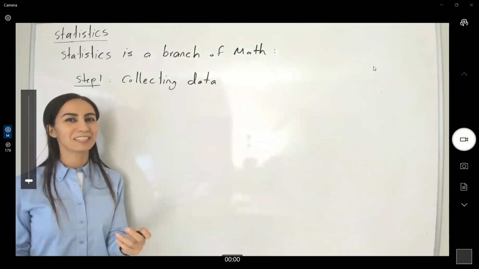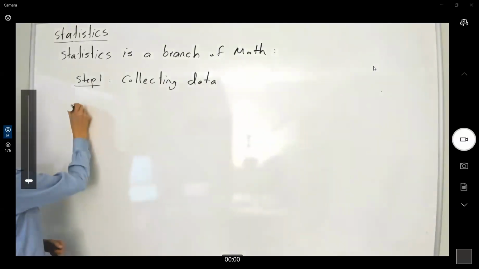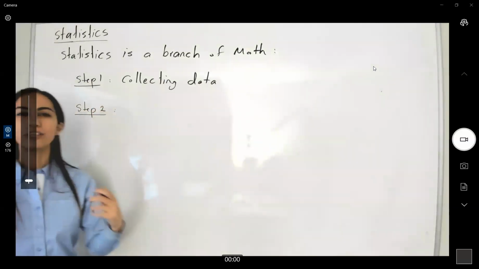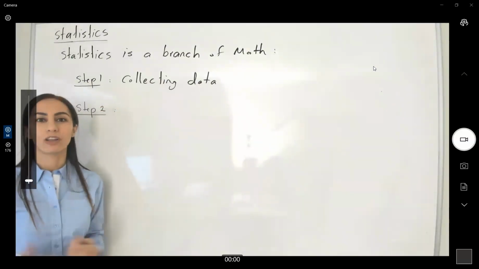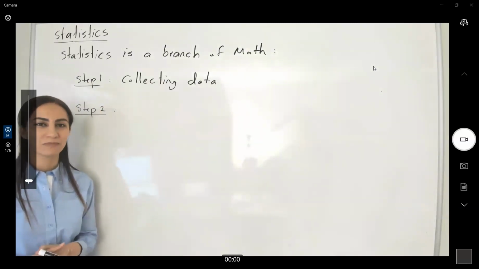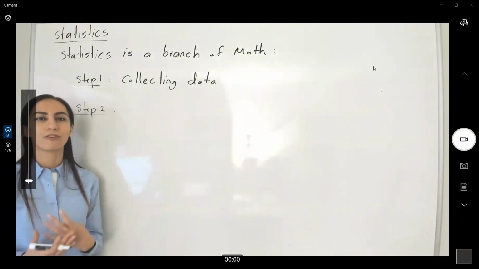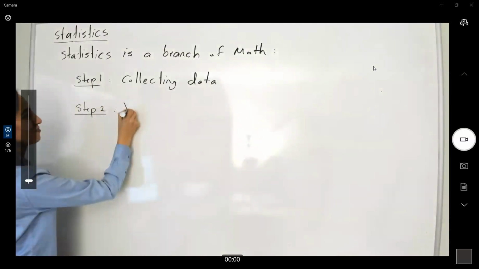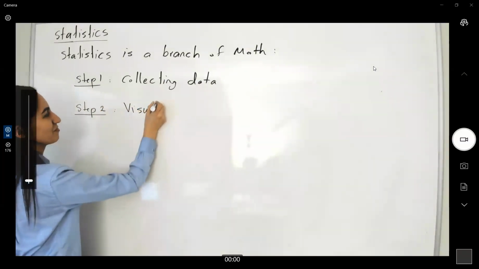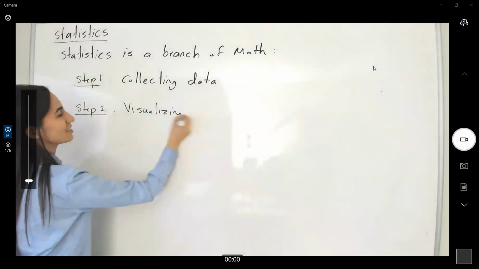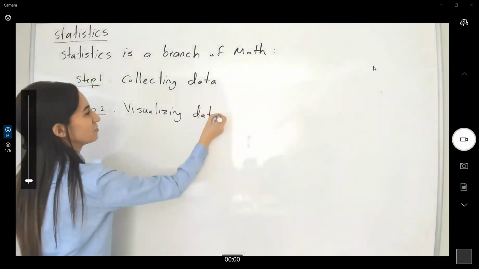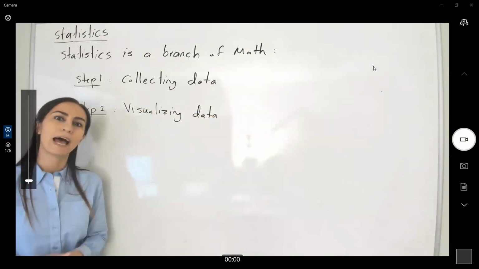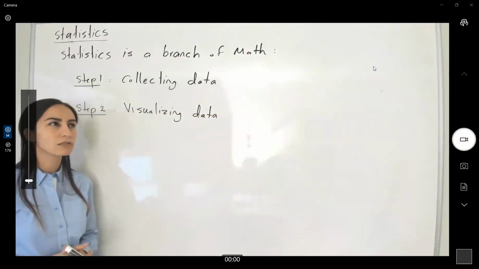After we collect the data, in step 2, we're interested in visualizing the data. What's the graph or shape like? After we visualize the data, is it a normal distribution?